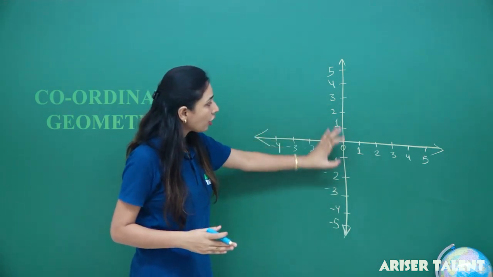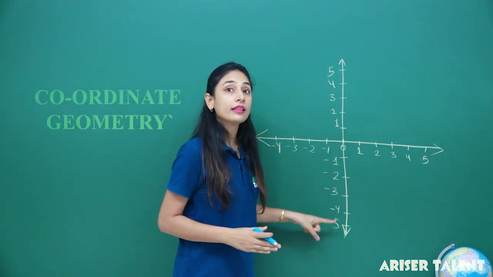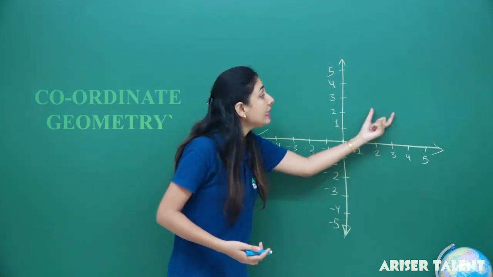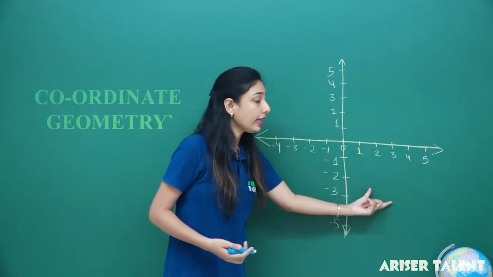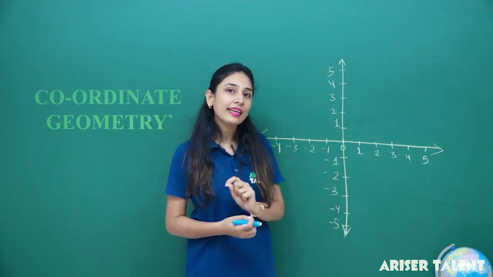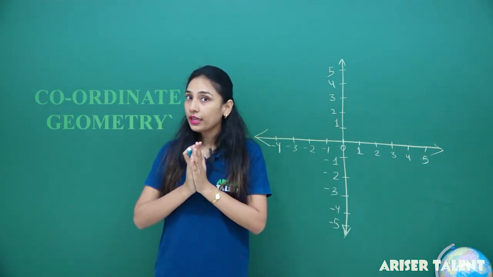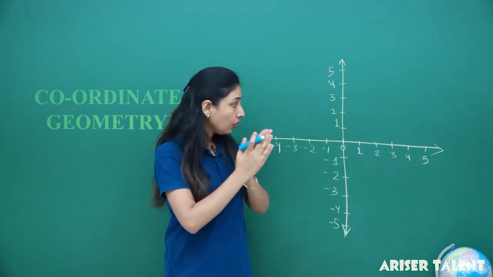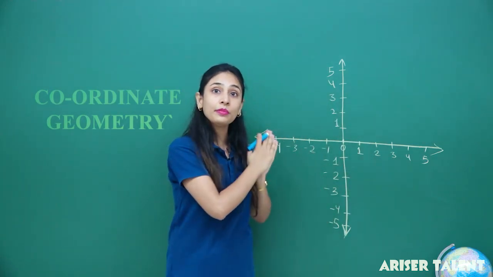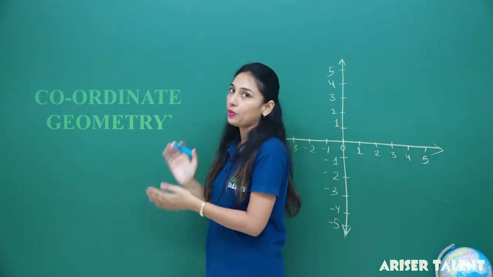Now I have this line and this line. The point at which these two lines intersect, we will discuss, we are coming to that. This is about coordinate geometry, something we are going to explore in this chapter.